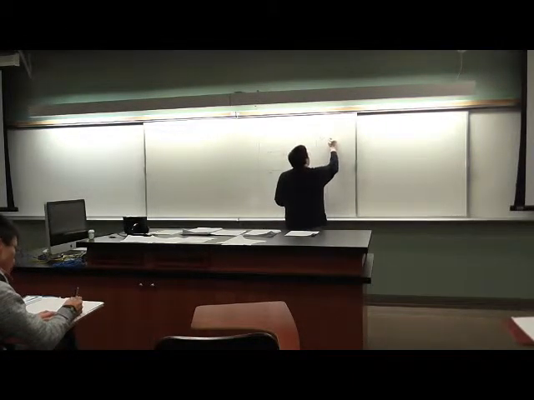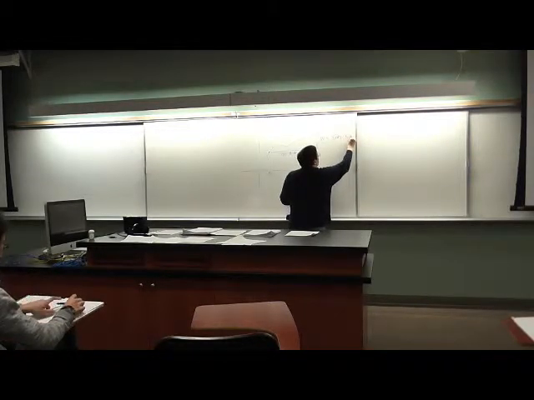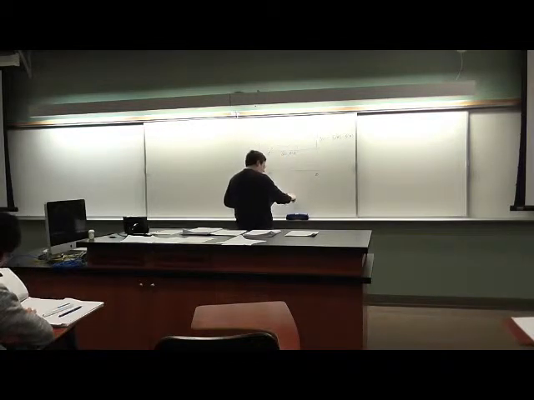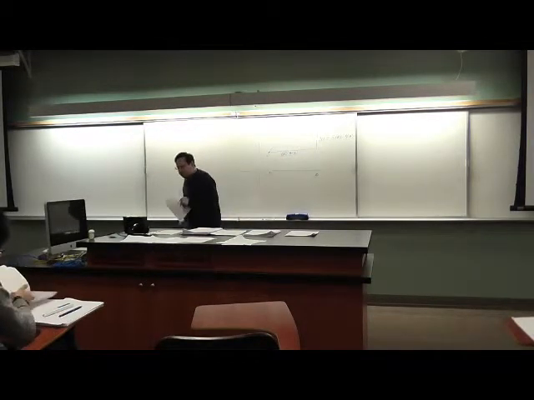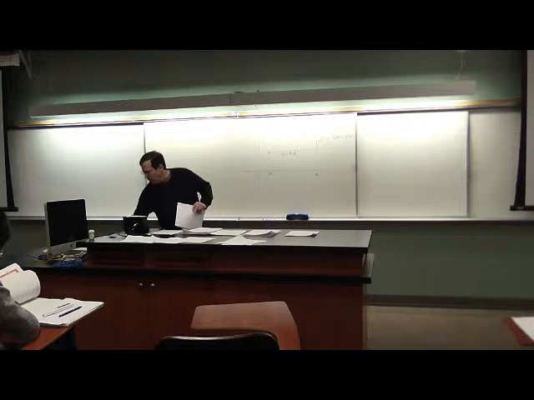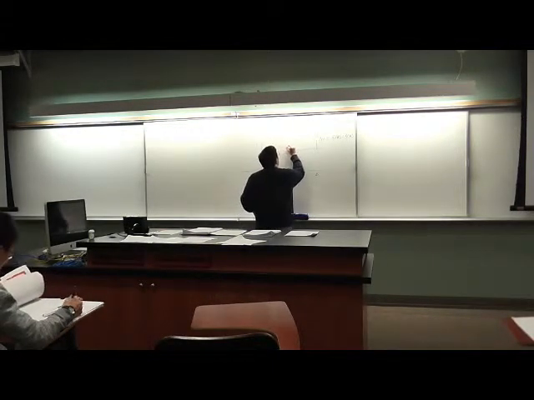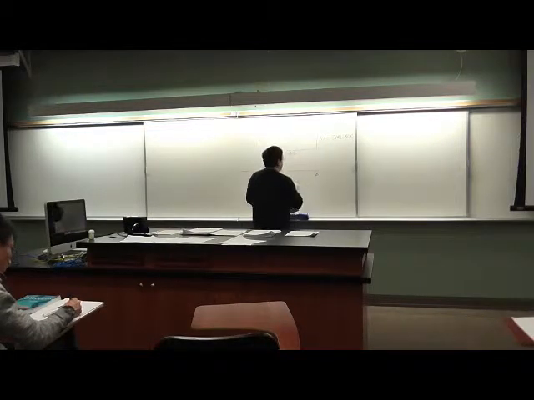Well, the delta y is f of b minus f of a. And I could just, as a first estimate, for first approximation, use a straight line.